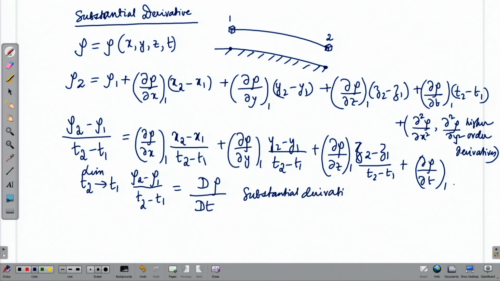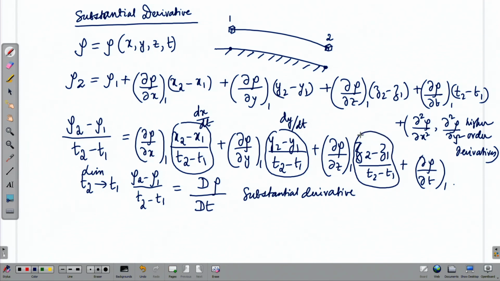In the limit that we have applied, these terms will also turn into derivatives. This will become dx dt, this will become dy dt, dz dt, and therefore that is nothing but the u, v and w components of velocity of the flow field.